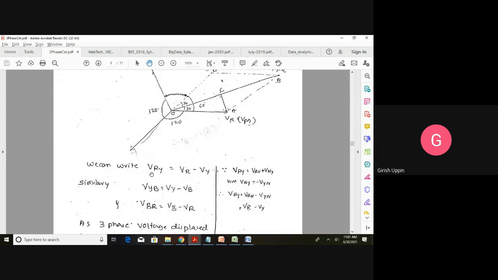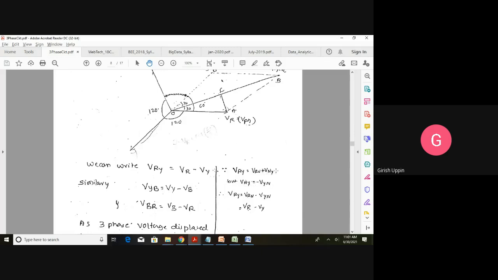Okay, VRY is equal to VR minus VY. How did we get it? I showed you. If you consider the node where all the coils are meeting as N, the neutral point, VRY is equal to VRN plus VNY. But what we represent is VYN, that is the phase voltage, and VNY is equal to minus VYN.